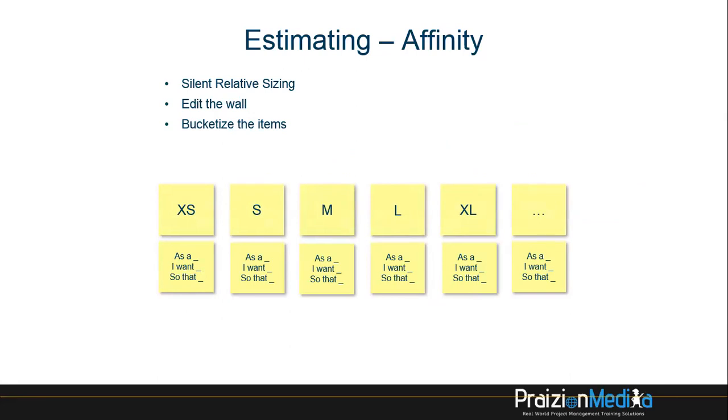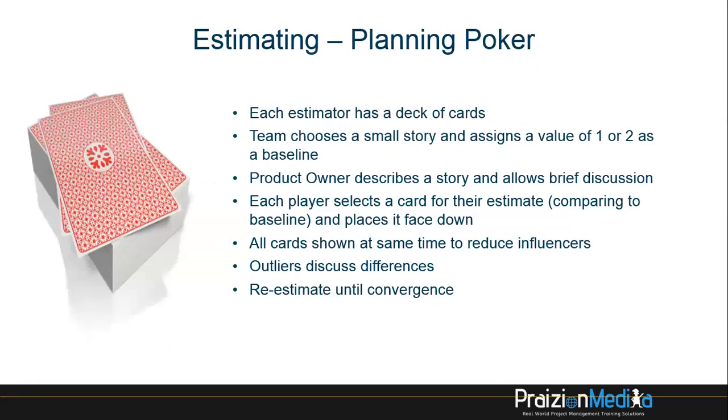But it's a very rapid way of estimating based not on hours this time, but really on complexity. The whole concept behind story points, planning poker, and t-shirt sizing is really taking away the guesswork of hours and using a more agnostic measure.